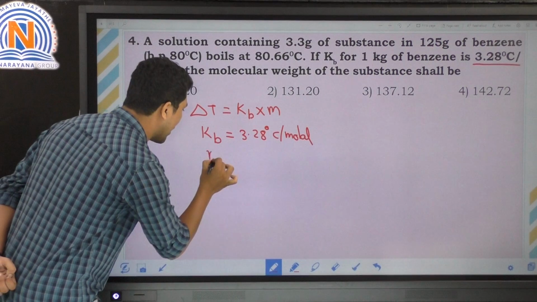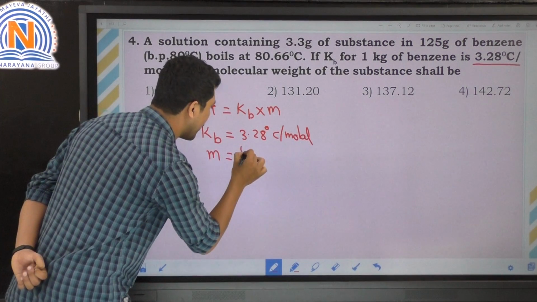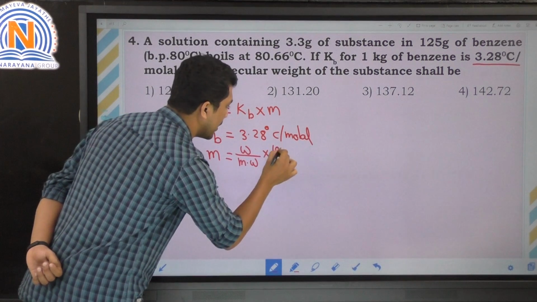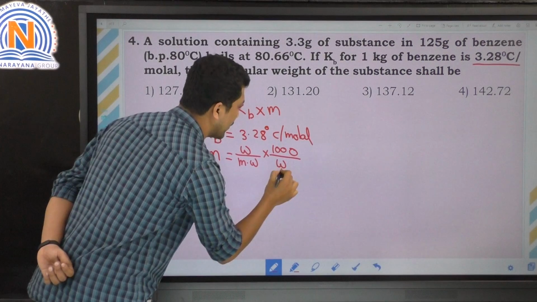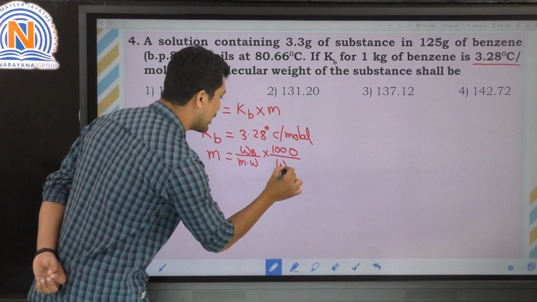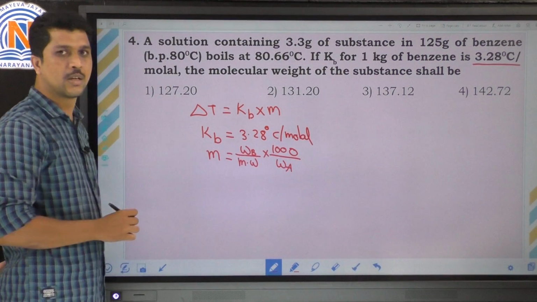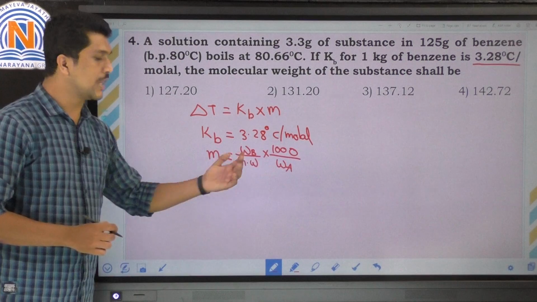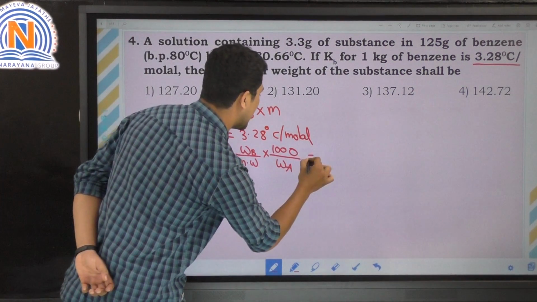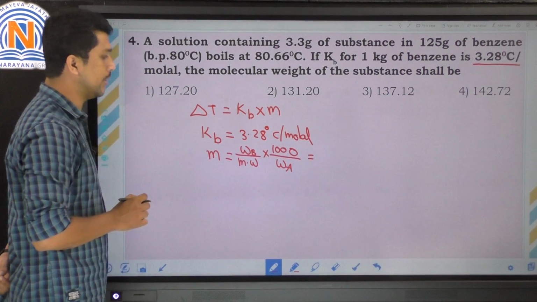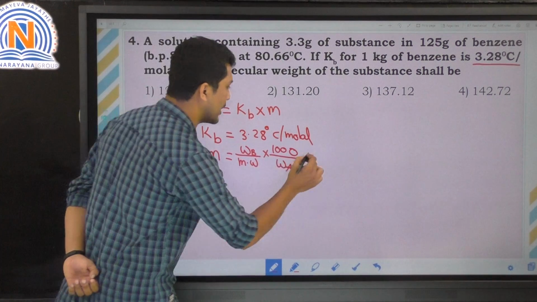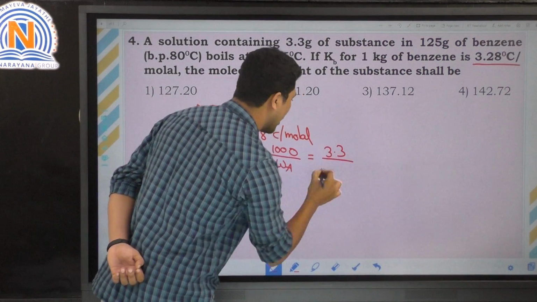So now we need to find the molality. Molality is weight of the solute WB by molecular weight into 1000 by weight of the solvent WA, right? Here 1 kg of the solvent is taken, and the weight of the solute is 3.3.